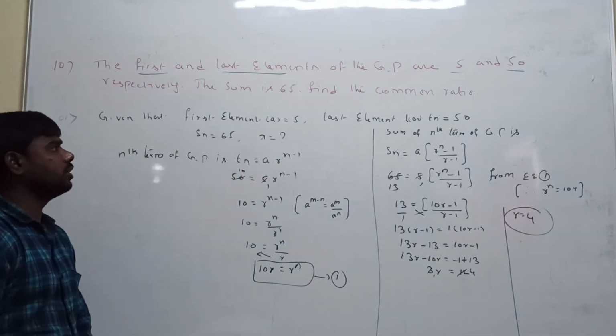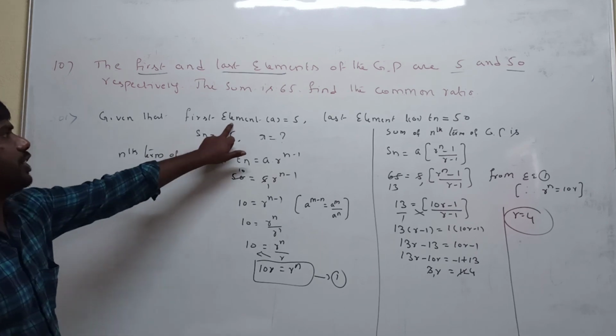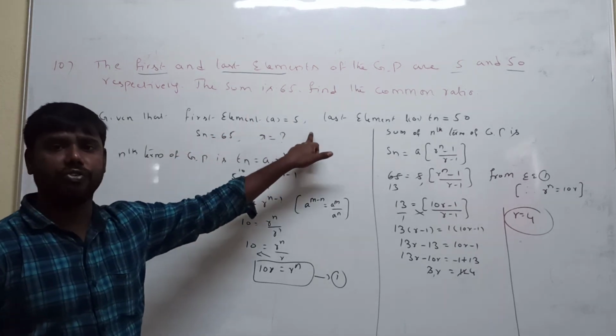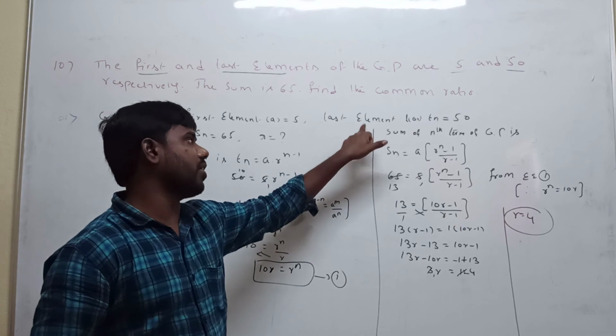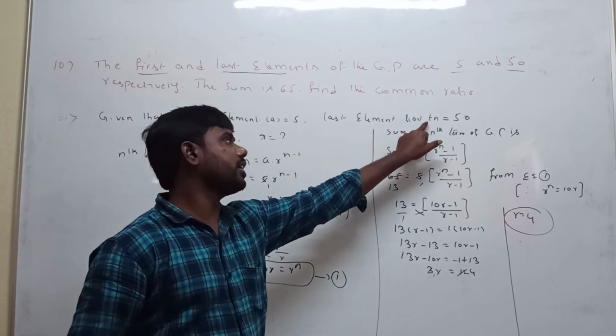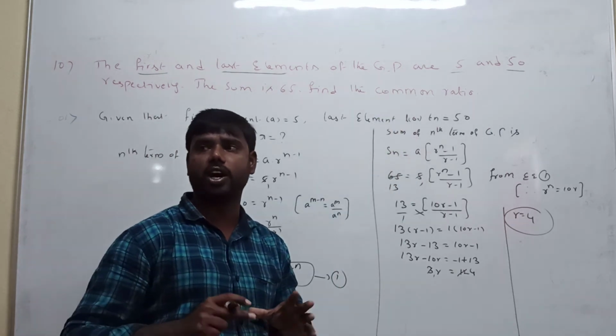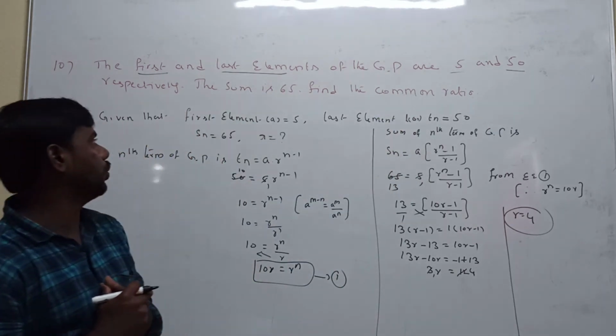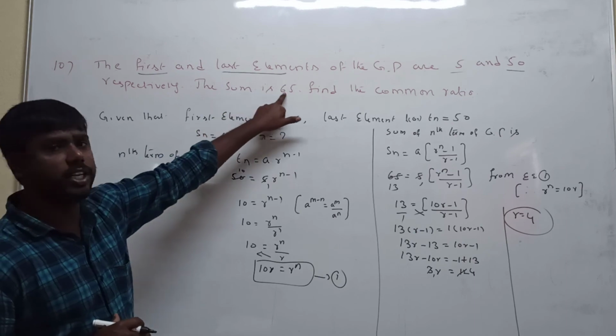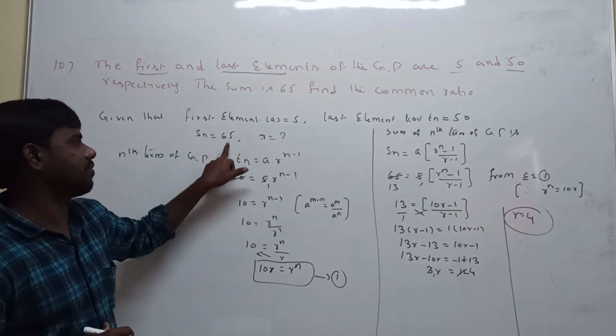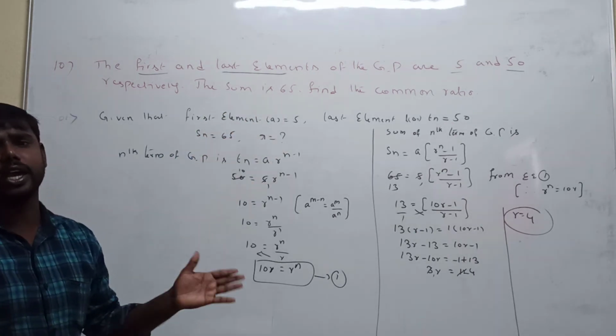So, everyone understood? They have given the first element, denoted by small a, is equal to 5. The last element, denoted by small l or Tn, is equal to 50. They are asking us to calculate the common ratio, the small r value. Next they have given the sum of values, Sn is 65. Here there is no need to find the n value.